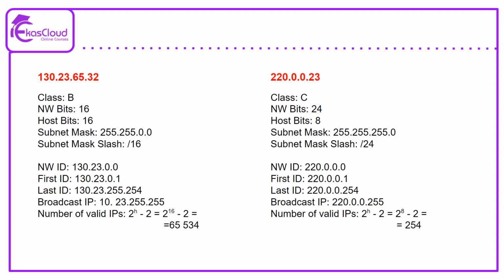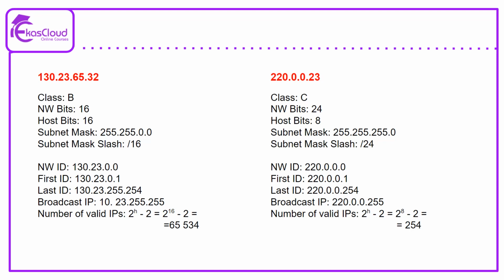The network ID is 130.23.0.0. The first ID is going to be 130.23.0.1. So we see now that we are using the first two octets as network bits to create a network, and the last ID is going to be 130.23.255.254.